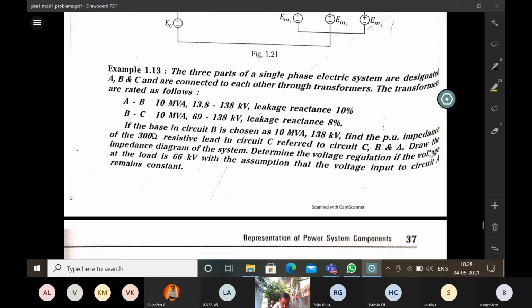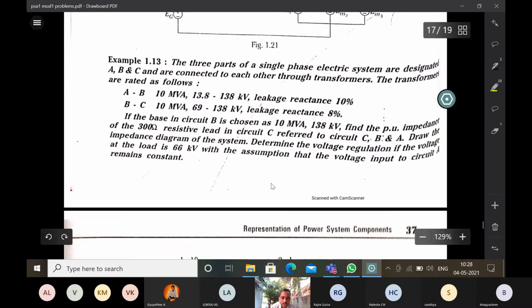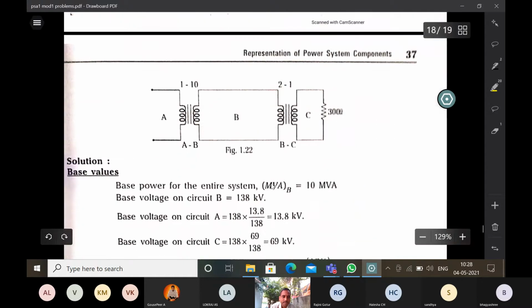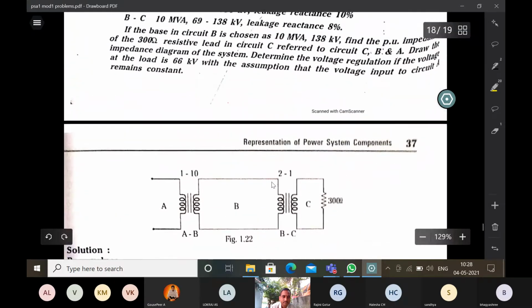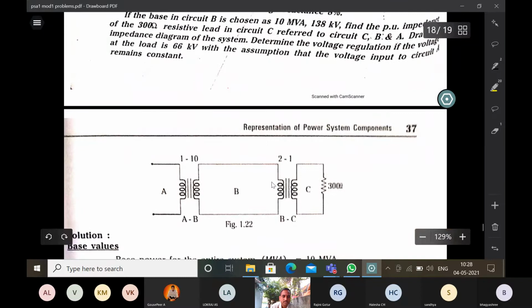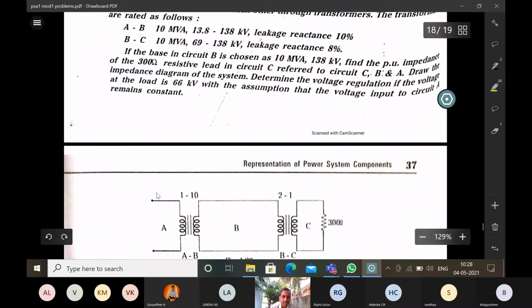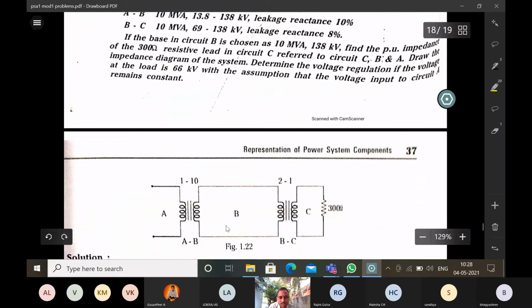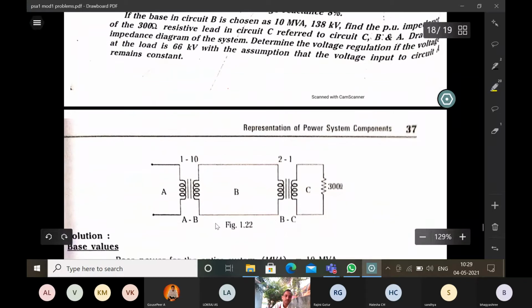Okay, note down this problem. All of you keep your calculator, notes and pen with you. Okay, draw this diagram. There are three parts in the system, A, B and C. A to B is one transformer and B to C is another transformer.